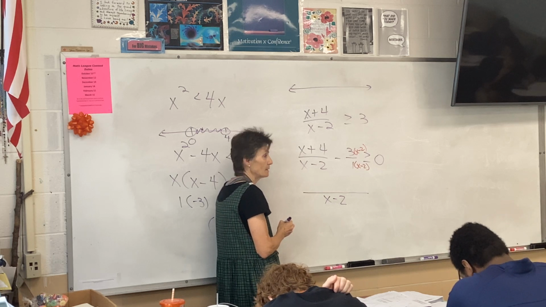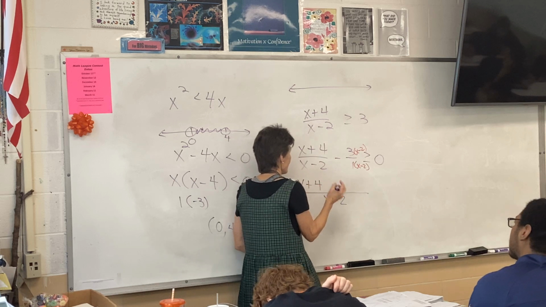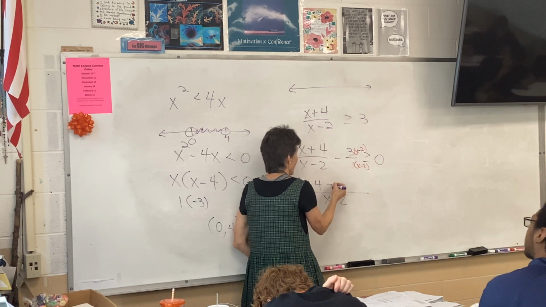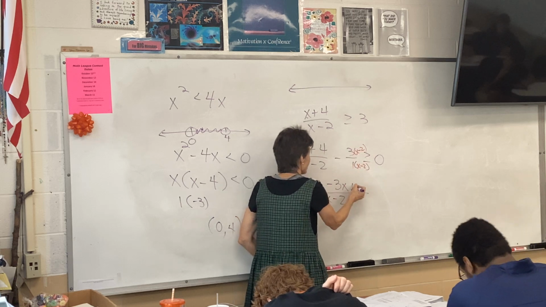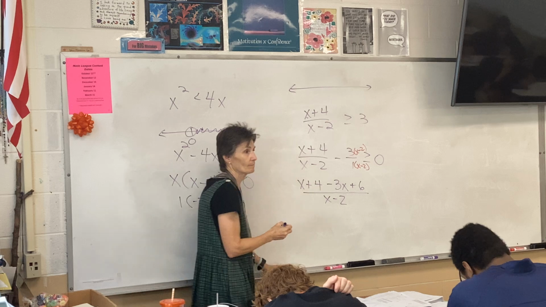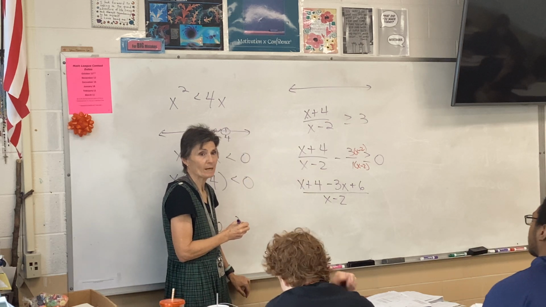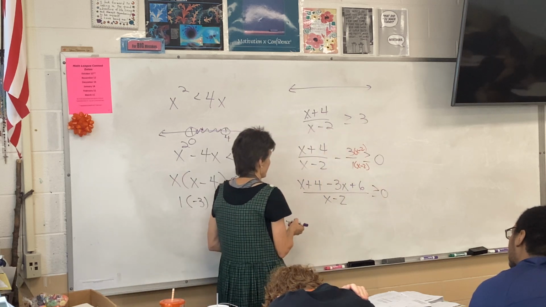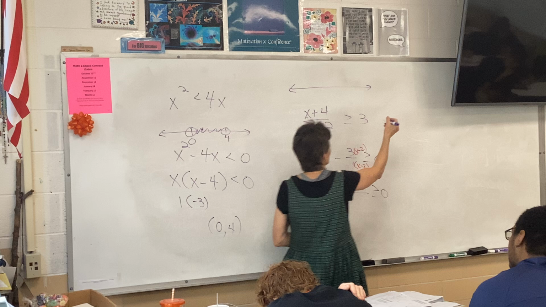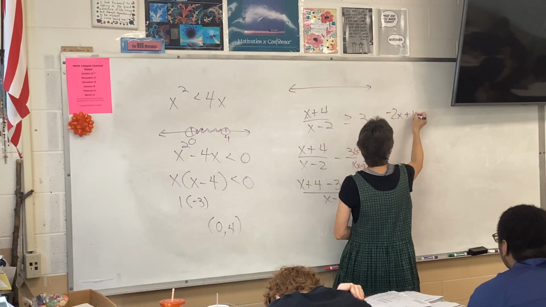Right? Now what's on top? X plus 4, be careful, minus 3x plus 6. Right? Which becomes negative 2x plus 10.